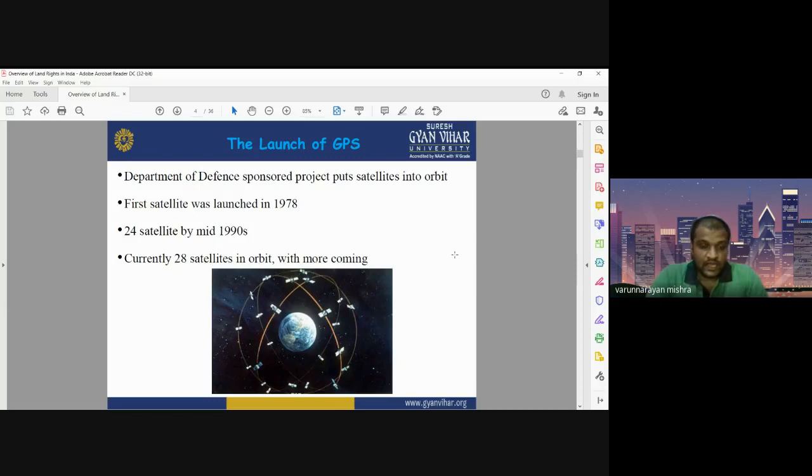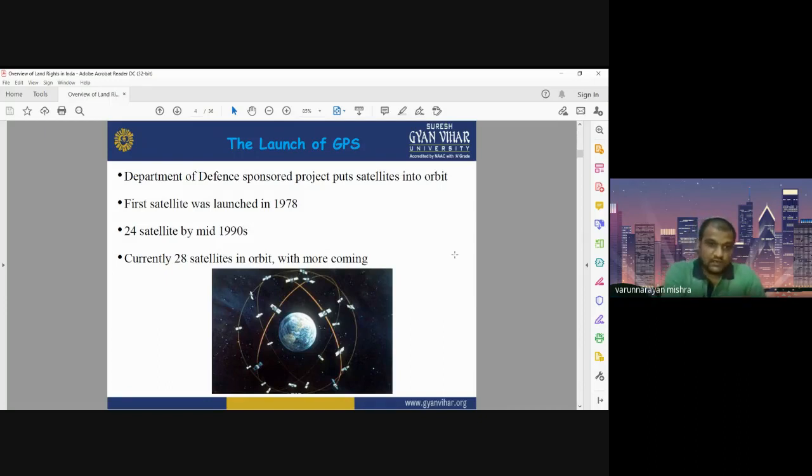Currently there are 28 satellites in orbit, with more coming in the near future. GPS is a constellation, a network of satellites, so we need more and more satellites for better accuracy and precise location of any object on the Earth surface.